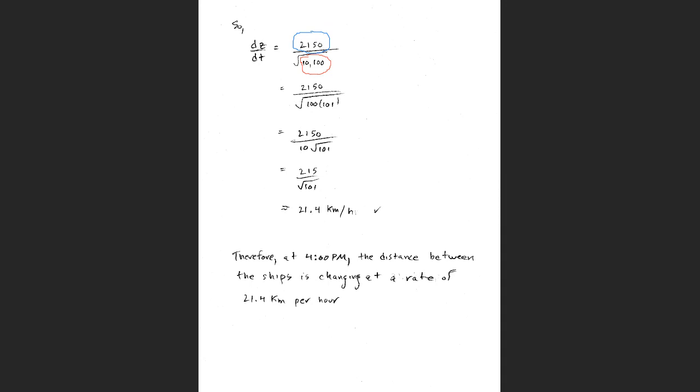The square root of 100 times 101 is 10 times the square root of 101. This would be the exact answer: 2150 divided by 10 times the square root of 101. However, if WebAssign wanted you to round to the nearest tenth, that would give you 21.4 kilometers per hour.